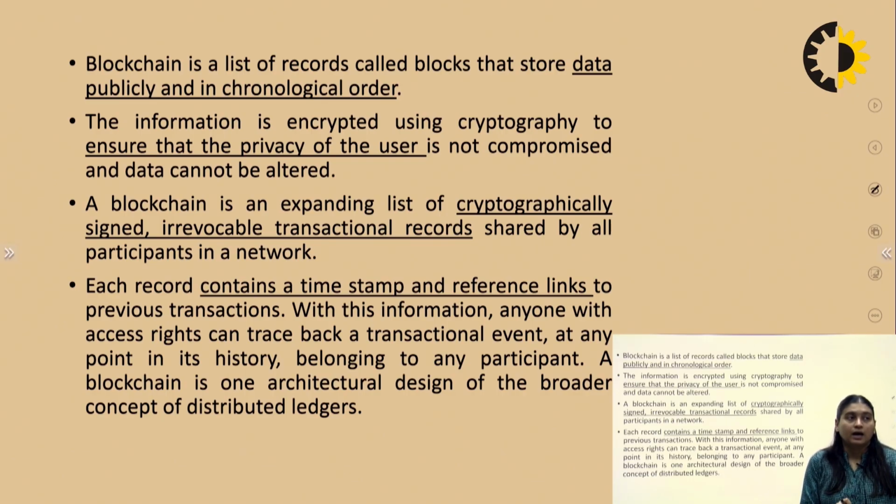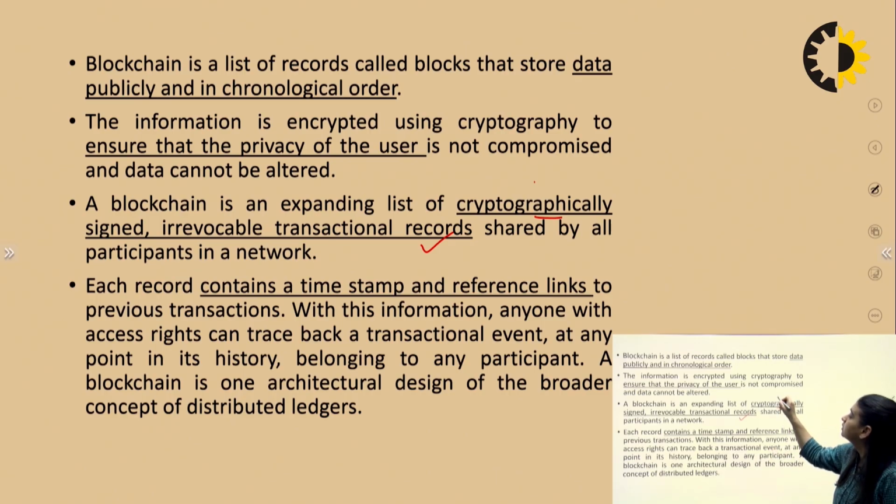Okay, and the second last point says it's an expanding list of cryptographically signed and irrevocable transactional records. It means you cannot revoke those records, and all sorts of messages, all sorts of transactions you're talking about, are cryptographically signed.